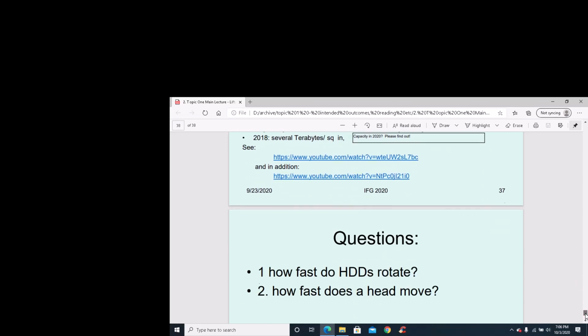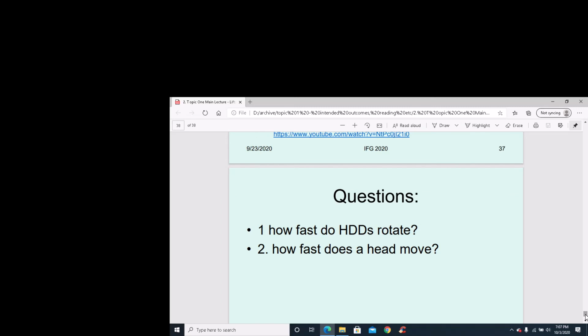What we need to consider is the development of solid state devices and how they beat the pants off hard disk drives in terms of access speeds and so on, and the ways in which the two kinds of disk drive differ.